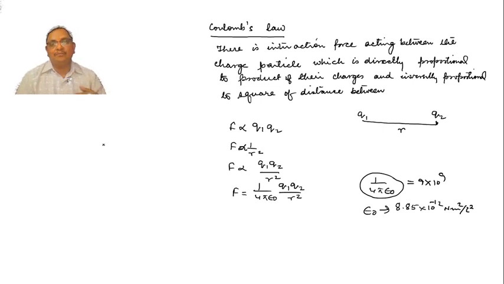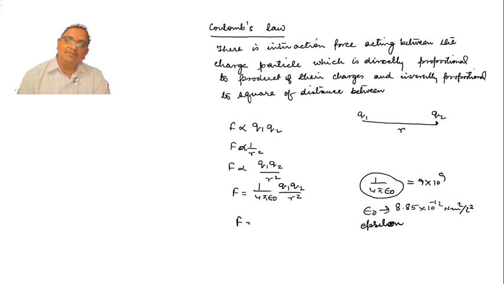So whether the medium where the charges are kept permits the force, we consider in the permittivity. Epsilon is a new word for you; in physics you will get many names like this. This is the formula: 1 over 4 pi epsilon 0 Q1 Q2 over R square.